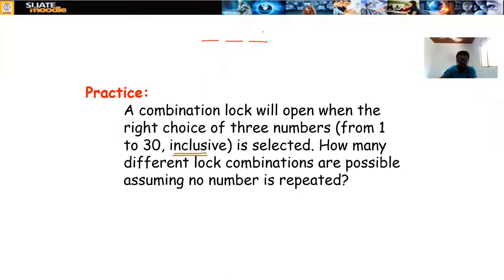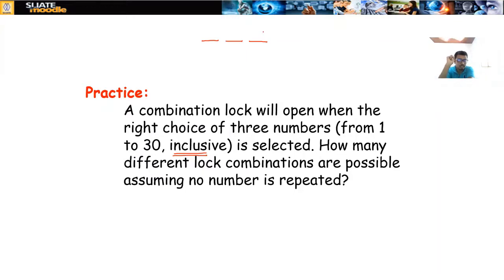So here, do we need to consider the order? Does the order matter in this example? Is it important?